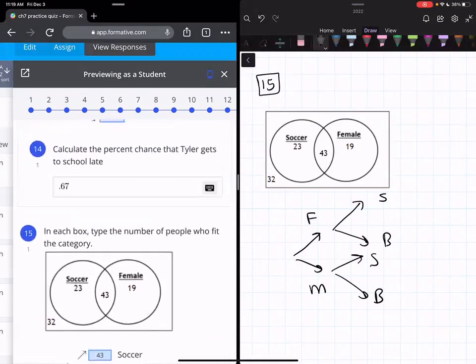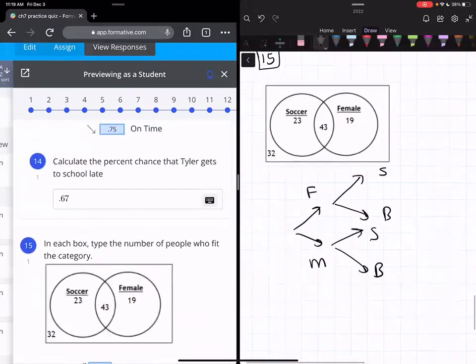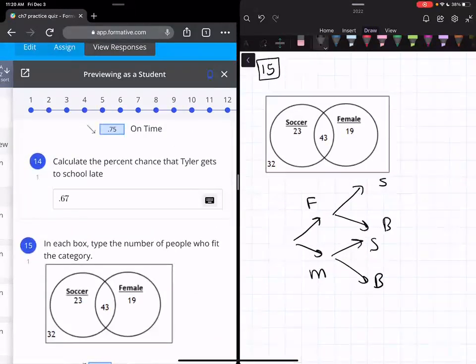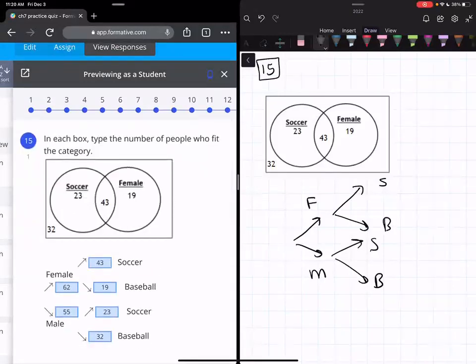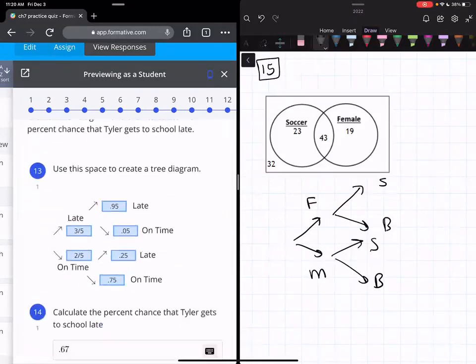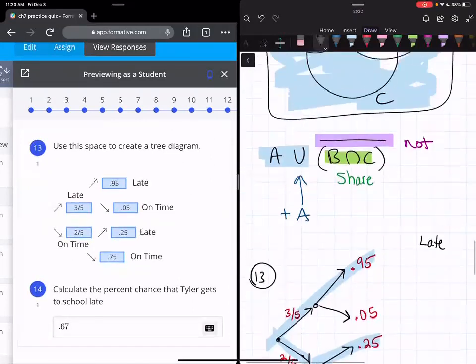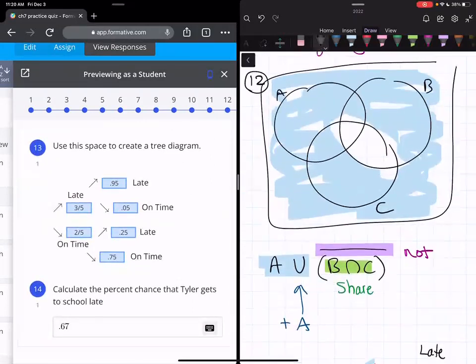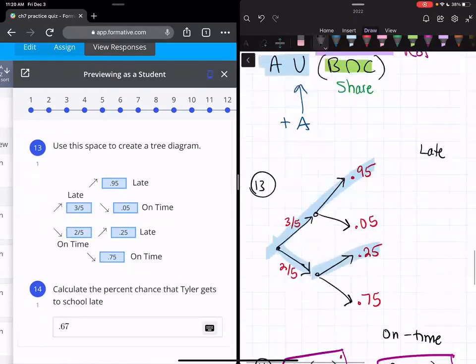Yes, just the number of, not the percent this time. We should go up to 12. That's the wrong answer for 12. Here's 13 and the correct answer for 12. You're welcome.